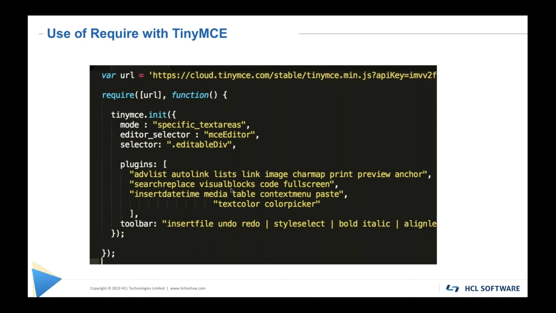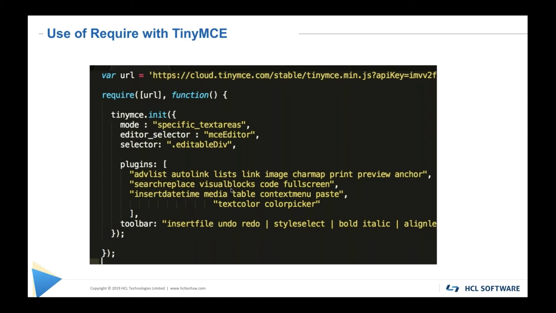So in this case, I'm establishing a variable, a URL, and it's cloud.tinymce.com, and you see I've got an API key there. And then I'm using the require function, and I'm saying let's require that URL. And then inside the curly brackets I've got the code for TinyMCE.